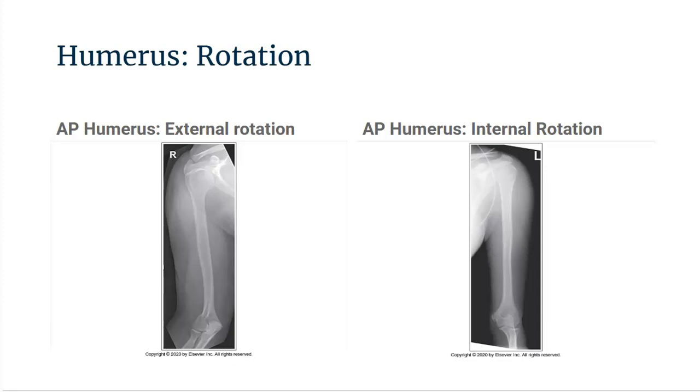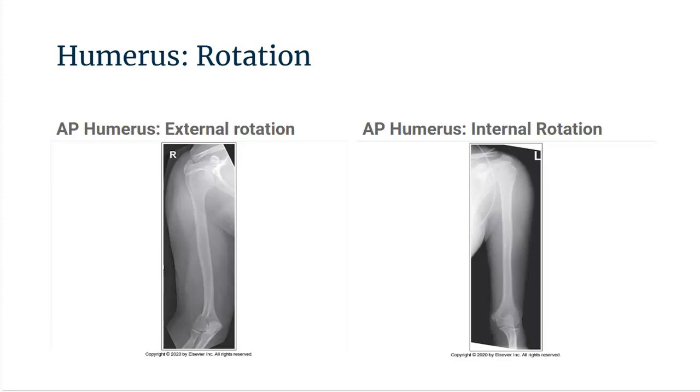Now, for internal rotation, if more than 1/8 of the radial head superimposes the ulna and the greater tubercle is not in profile laterally, the humerus has not been externally rotated enough.